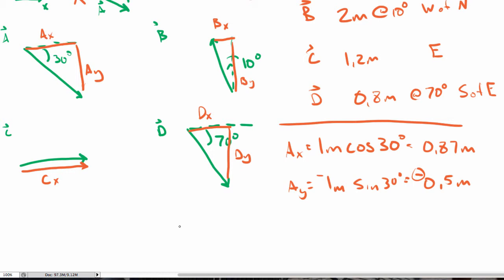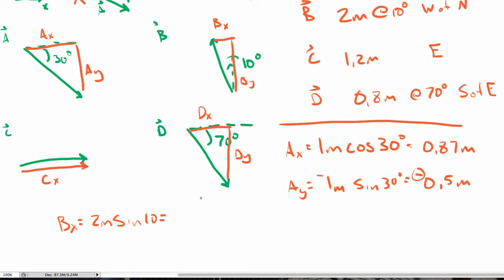All right, so we've done Ax and Ay now. Let's start to work on B. So Bx is going to be this side of the right triangle. But you notice now that Bx is actually opposite to the angle that we're given, this 10-degree angle. So I don't use cosine, I actually use sine. So this is going to be 2 meters times the sine of 10 degrees. Just like I said earlier, it's not always cosine that is associated with the x direction.